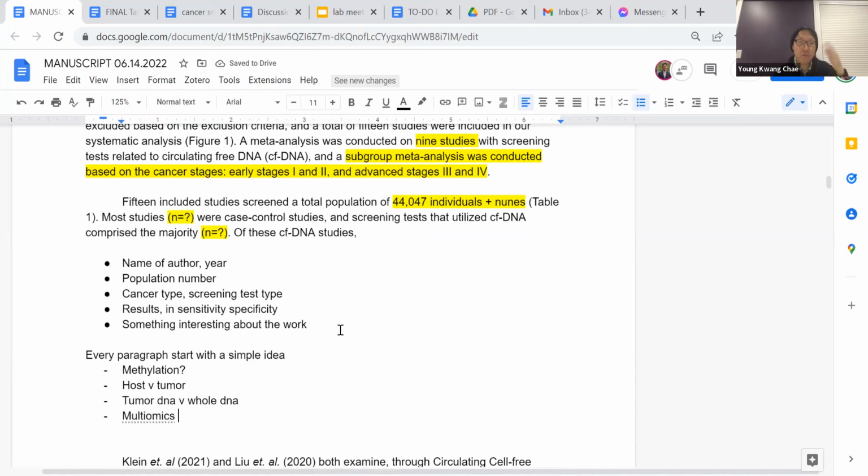So that's how I would categorize it. And some use combination, and so maybe it's better to do single, solely based on one omics, and then combination.